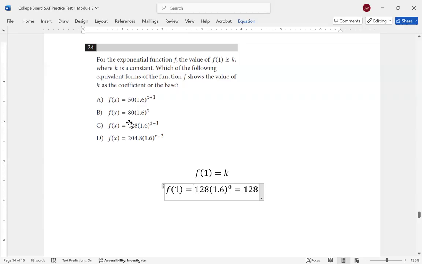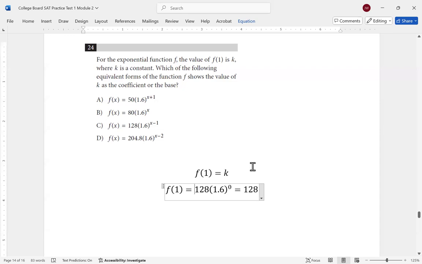All of the other ones here, for B, you'd get 80 times 1.6. That's not just the coefficient or the base. That's a product. Here you'd get 204.8 divided by 1.6. That's not just the coefficient. And here you get 50 times 1.6 squared, which is not just the coefficient.